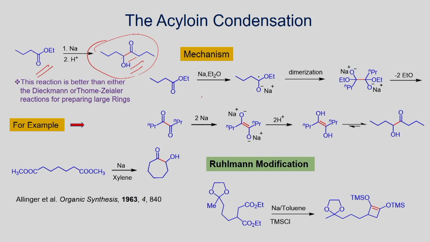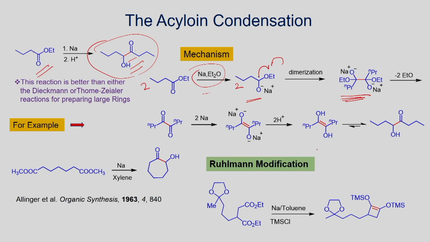The mechanism of this transformation is shown here. Sodium can give 1 electron and you form this radical. Once you form this radical, it can undergo dimerization, you get this compound. Coupling of two radicals can lead to the formation of this compound.